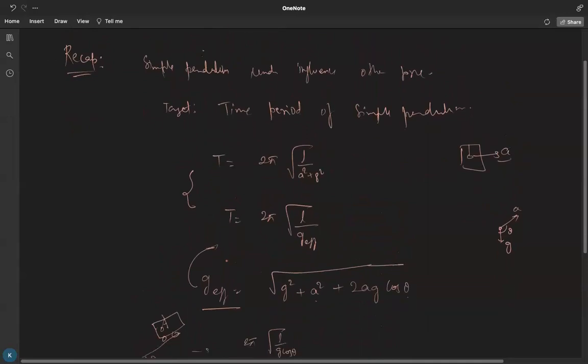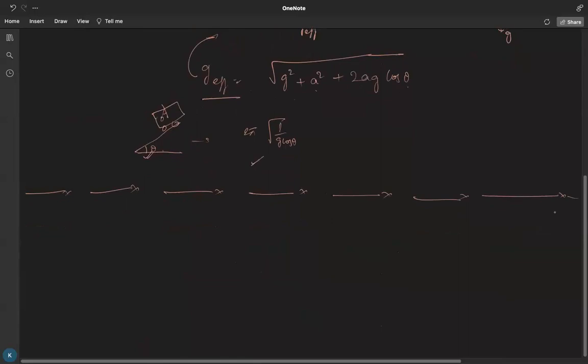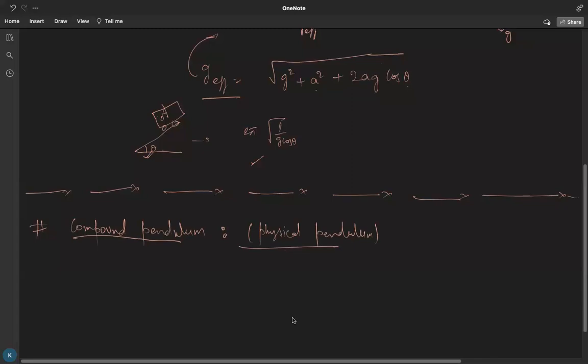In today's class, we are going to discuss a new system, which is termed a compound pendulum. In other words, we can also call it a physical pendulum. So what is it? Let me write its definition.